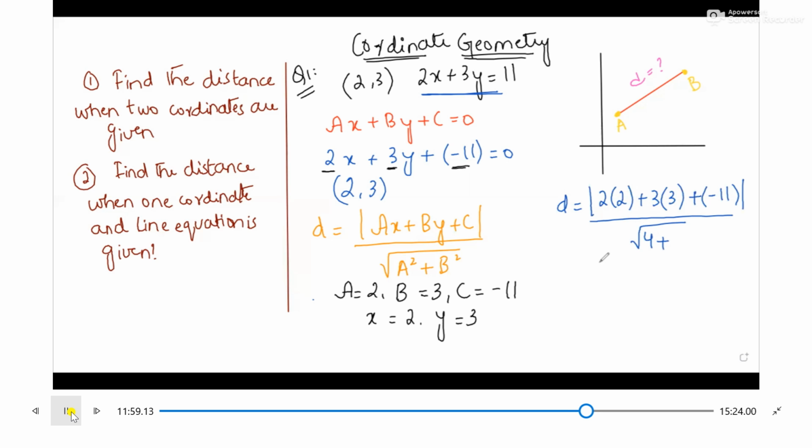After solving, we will get 2 times 2 is 4, plus 3 times 3 is 9, plus (-11), divided by the square root of 13.